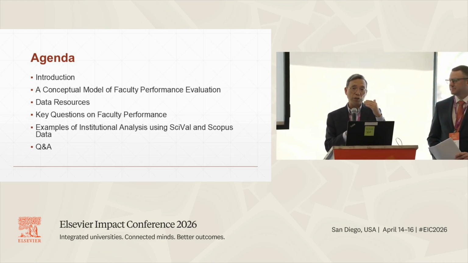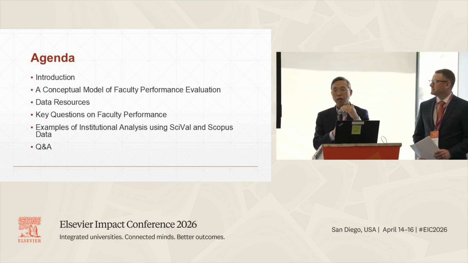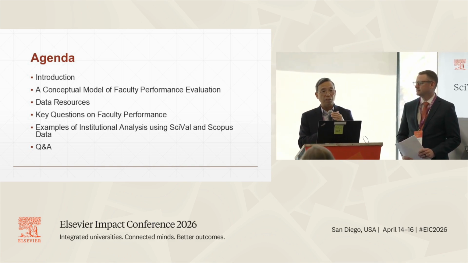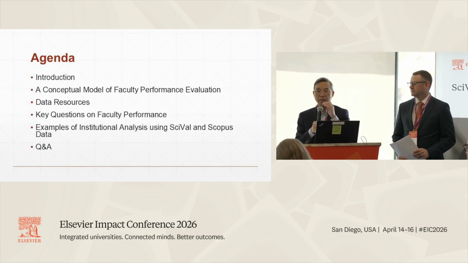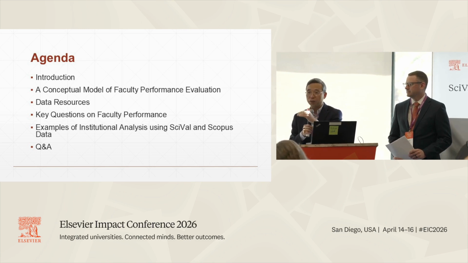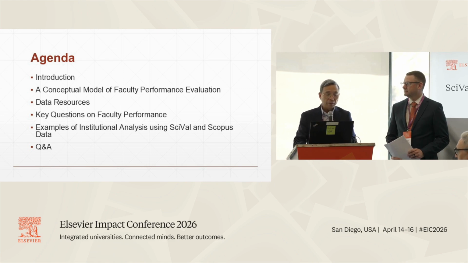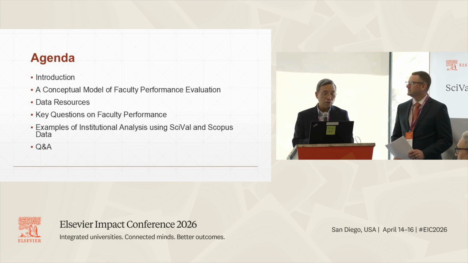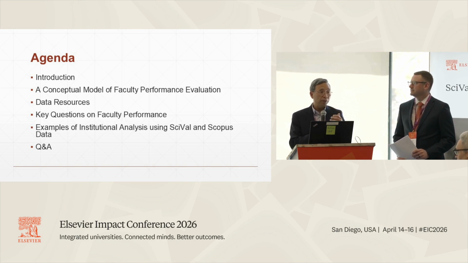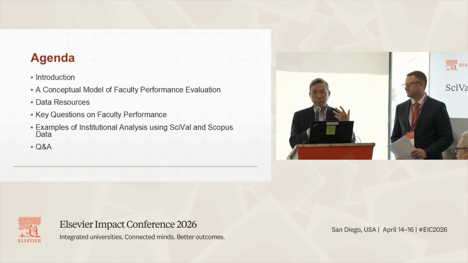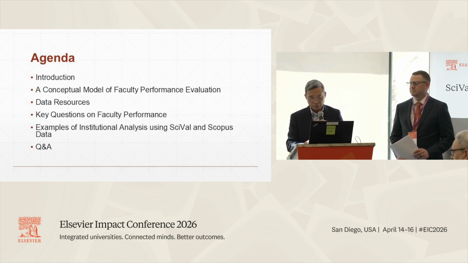So what we're going to do is share a model of how we look at faculty performance from the scholarly work, teaching, public service, and societal impact perspectives. Then we'll look at some of the resources we use. But the fun part is going to be Matt sharing some of the examples of how we use SciVal data to support that line of analysis.